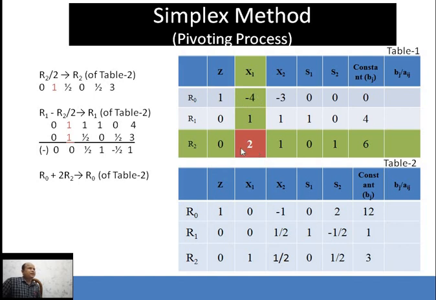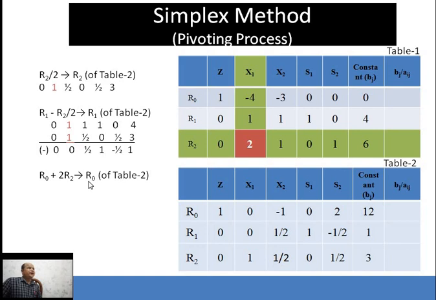If we multiply this row by 2, then it will become 4. So minus 4 plus 4 will ultimately become 0. That is why we take the relation R0 plus 2 times R2, that is, we multiply this row R2 by 2.